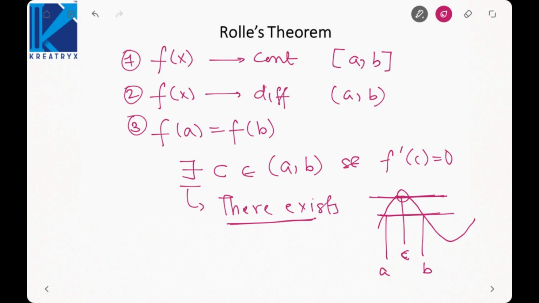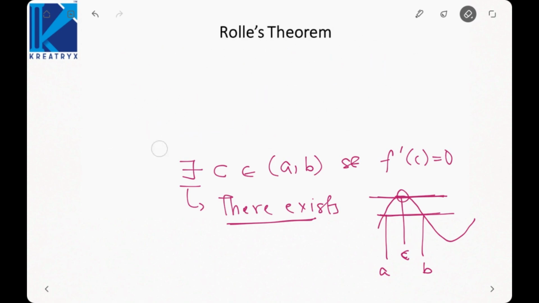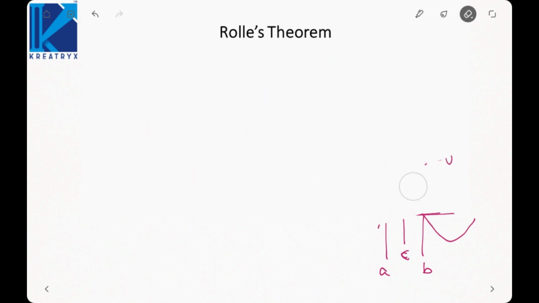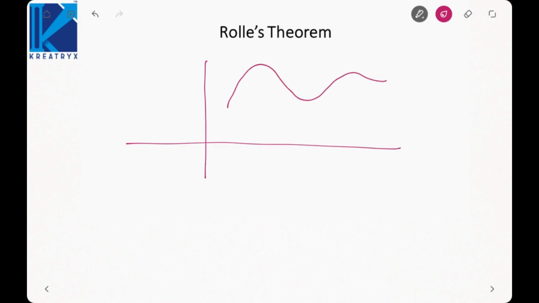But the converse of Rolle's theorem is not true. What does that mean? If I tell you that there is a point at which the derivative is 0 in the interval, it does not mean the value at both the endpoints will be the same. How? Suppose I take a function like this. So here the derivative is 0. Let me choose this interval, that is a and b.